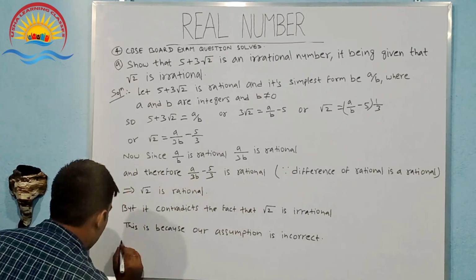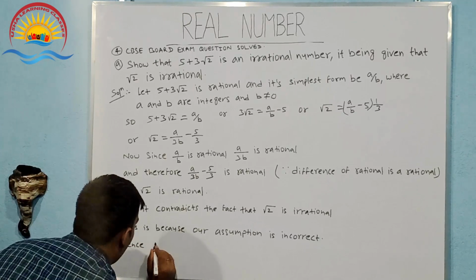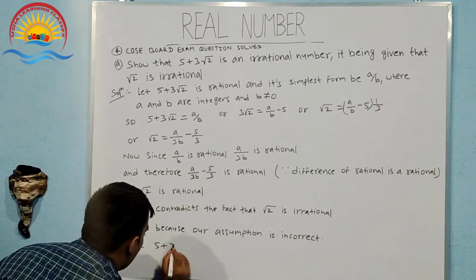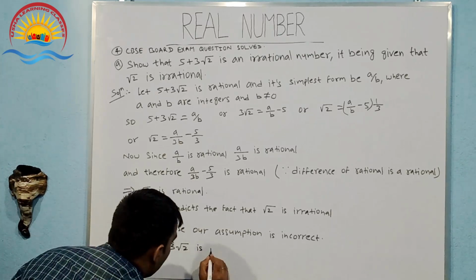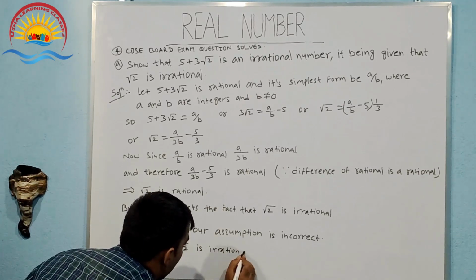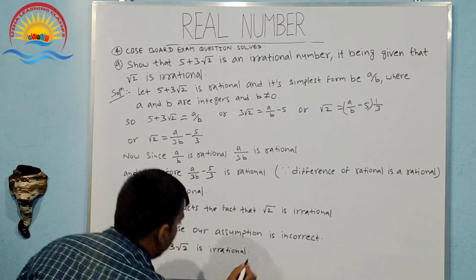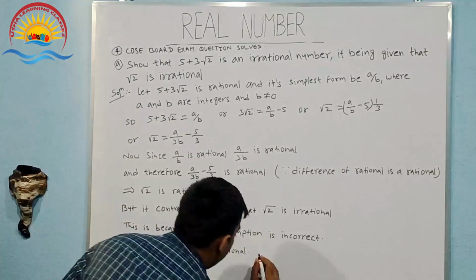Hence 5 plus 3 root 2 is irrational. Verified.